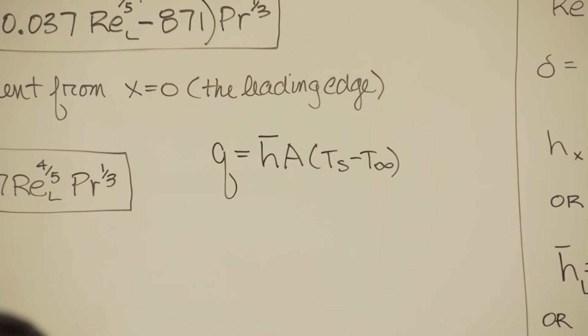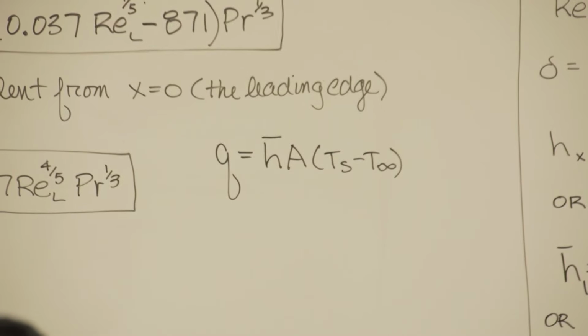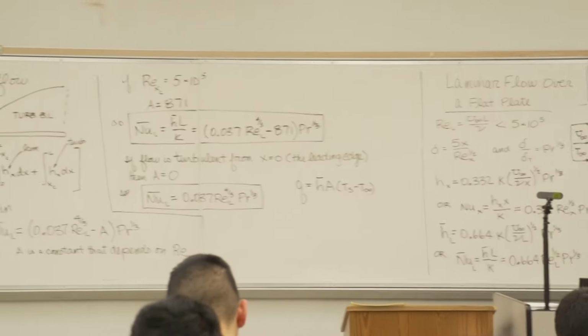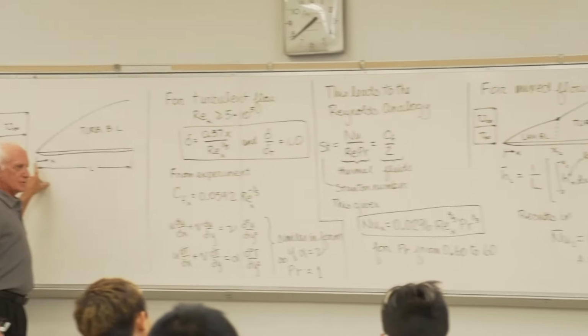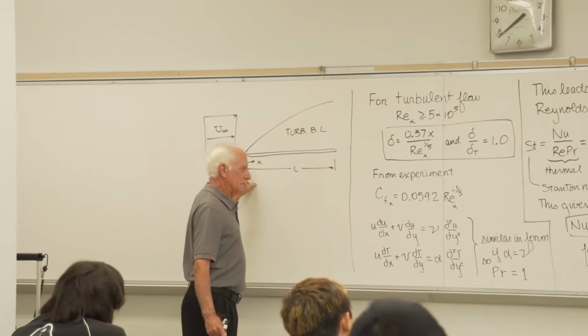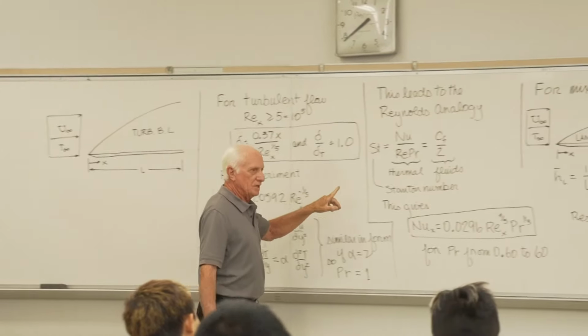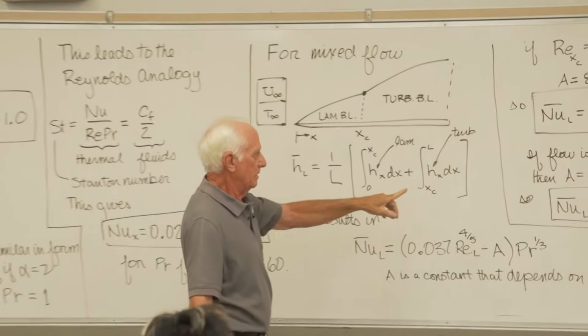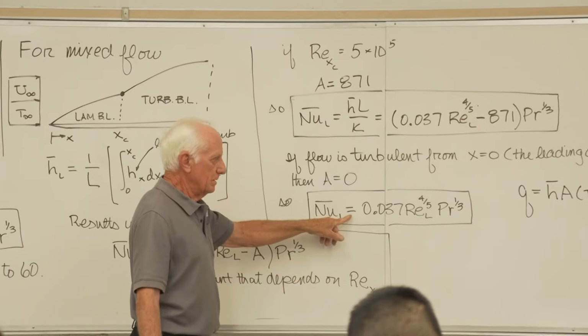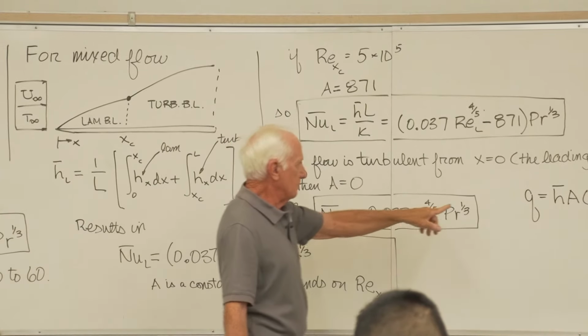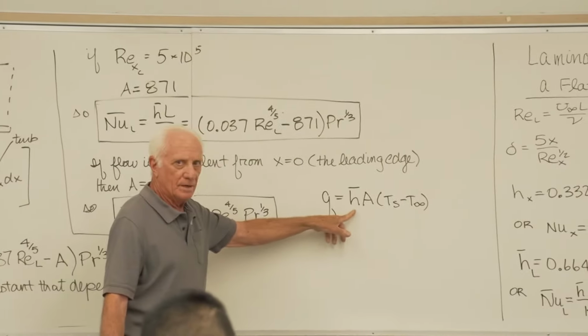If the flow starts out turbulent from the leading edge, and I want to find the heat transfer from the plate, I need an H bar for turbulent flow. There it is. Put that H bar in here, end of problem. Got it.